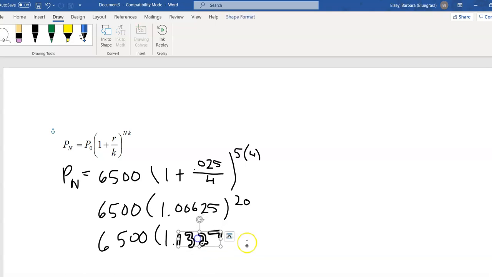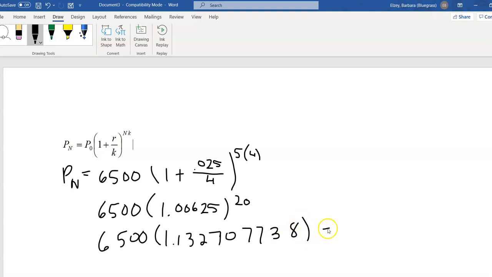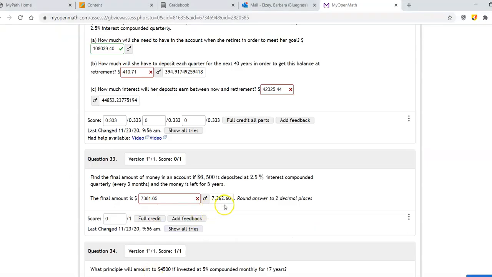Well, that was weird. And then lastly, we want to multiply that times our 6,500. And we get 7,362.60. Okay, and so if we go back here, 7,362.60. So somewhere you just got off in your decimal there.